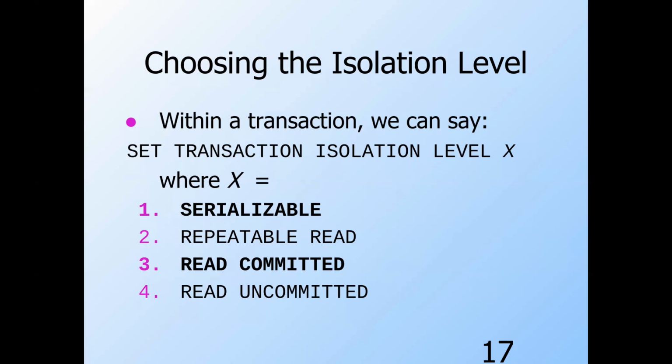Let's say I have one Bitcoin in account A and 0 in account B. I can push through 1,000 transactions that transfer one Bitcoin from A to B. Under read committed, what will happen is that account A will wind up going down to minus 1,000, and account B will go up to plus 1,001, right? And that's exactly how they did it.